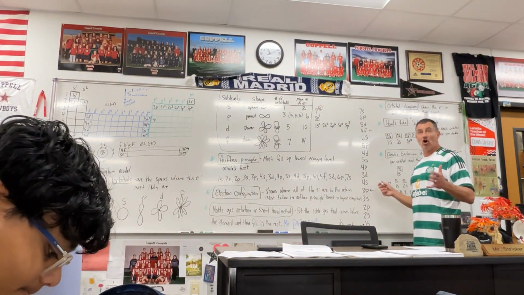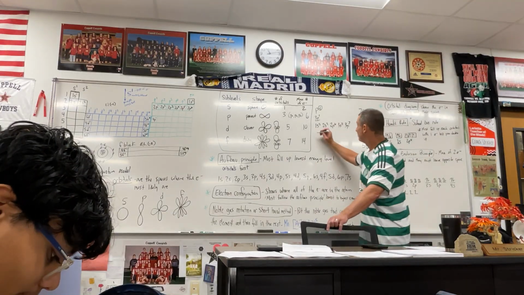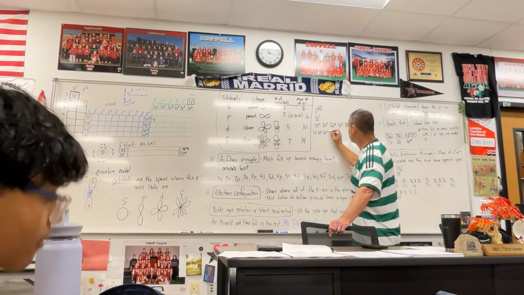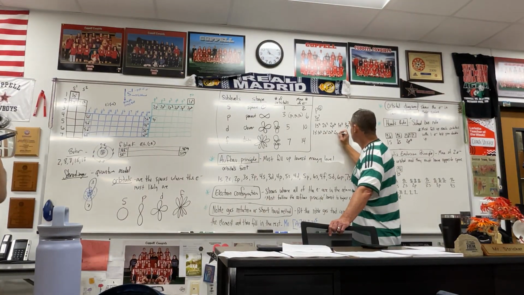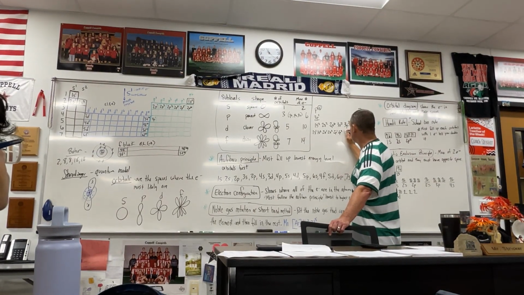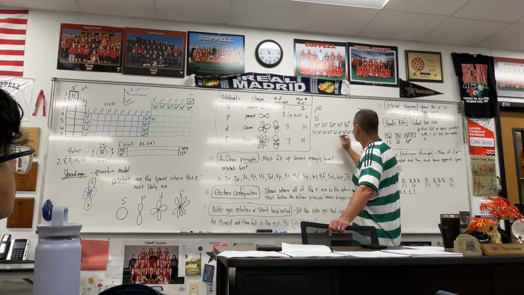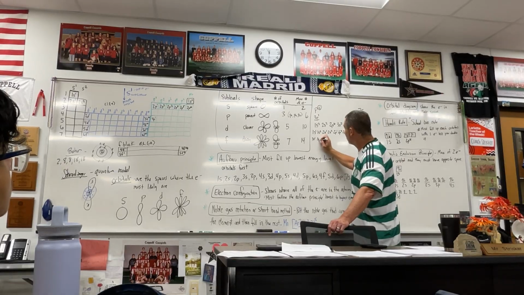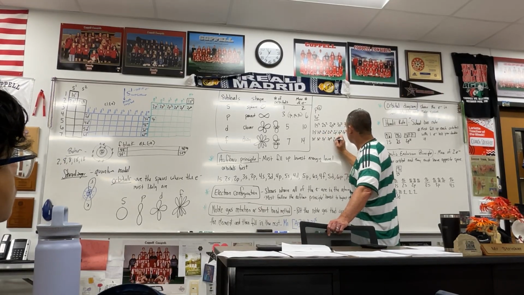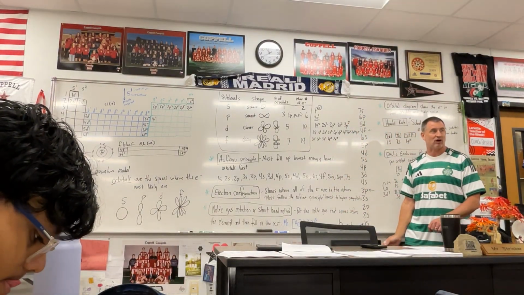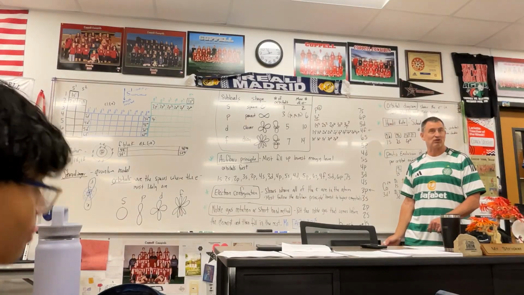Now, the long version of that would be 1s1, 1s2, 2s1, 2s2, 2p1, 2p2, 2p3, 2p4, 2p5, 2p6, 3s1, 3s2, 3p1, 3p2, and 3p3. Now this would be individually saying each electron where it's at. But that would drive you bananas, right?